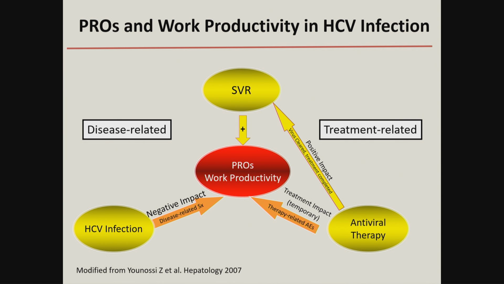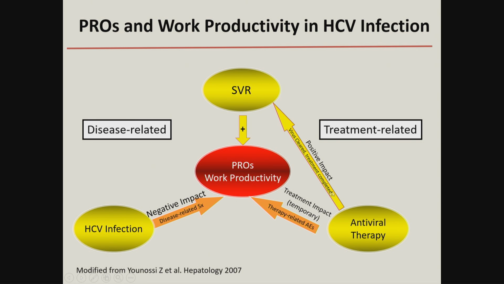In hepatitis C, you have really different components of the disease that can impact PROs. So some are related to the disease and to the individuals, like comorbidities, but also hepatitis C infection can have a negative impact on PROs. On the other hand, treatment can have either a positive impact or a negative impact.